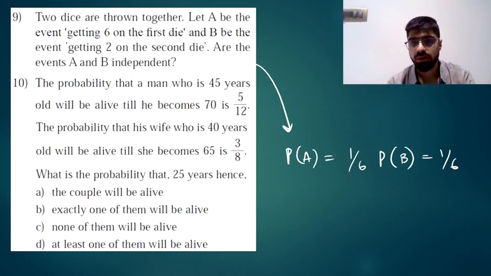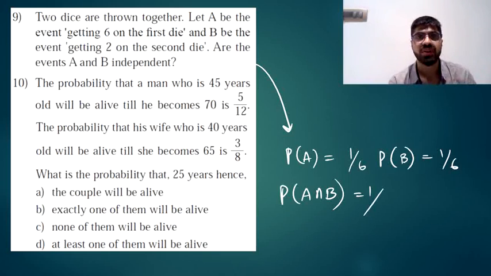And now let's go ahead with the sum. So we have P of A as 1 by 6, P of B as 1 by 6. Let's check what P of A intersection B is. A intersection B means you should get a 6 on the first die and a 2 on the second die. So that's only one possible outcome. And the total number of outcomes when you're throwing 2 dice is going to be 36. So P of A intersection B is 1 by 36.